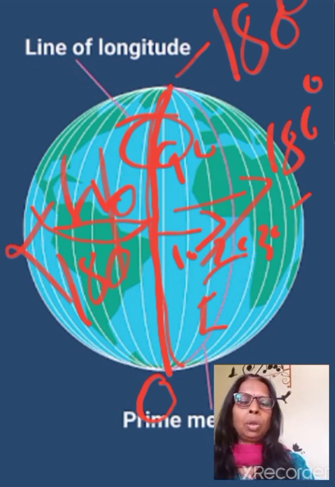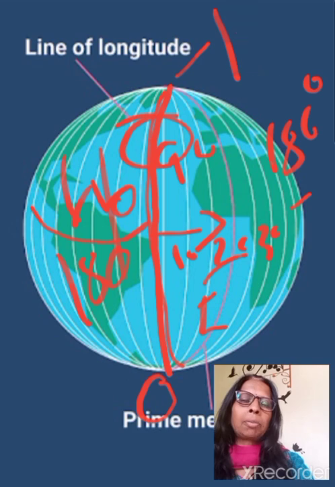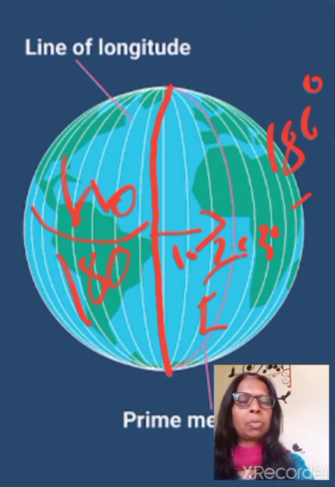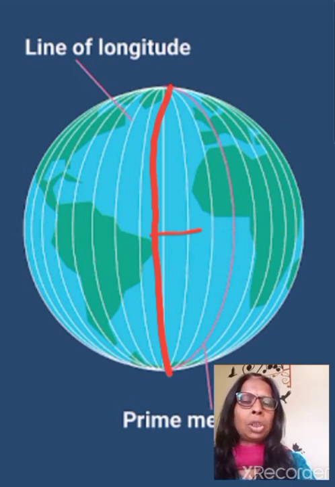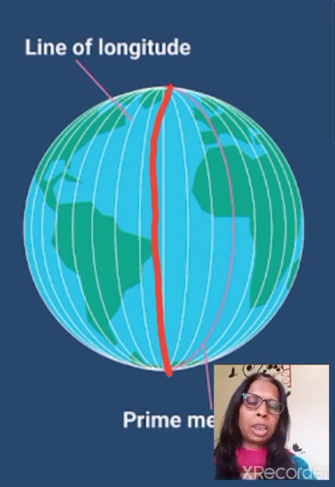So this is the first concept you have to remember. I'll be coming back with a new video on how to calculate time with the help of longitudes and the International Date Line. That is also very important. Before that video, I wanted to make the concept of longitudes clear.